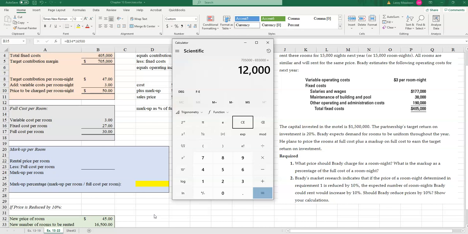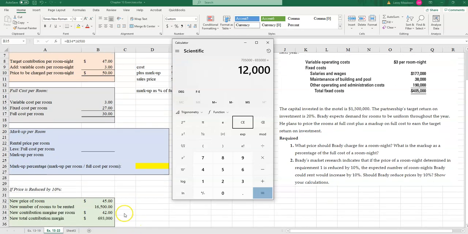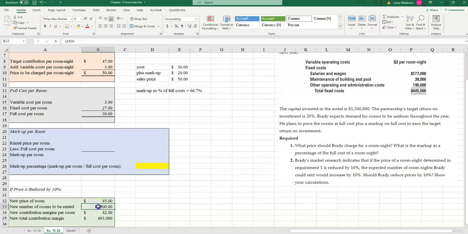So should I undertake this change in this situation? No, I should not. Maybe if the number of room nights actually increased more, then I might want to go ahead and consider it and rework these numbers to see how many. Let's say we did some more research and 17,000 room nights would work.